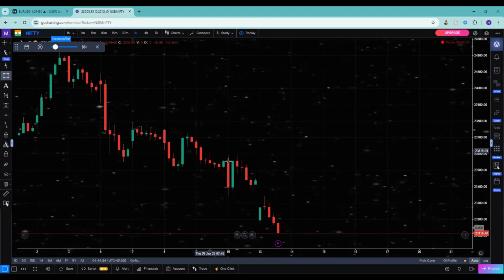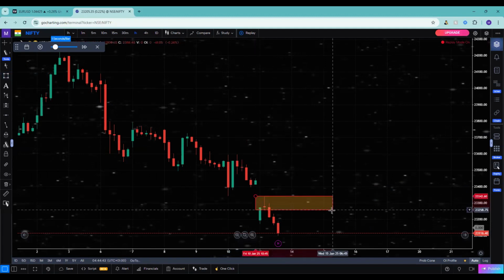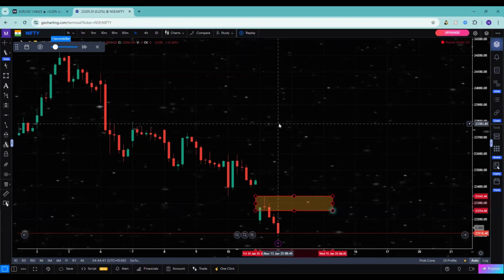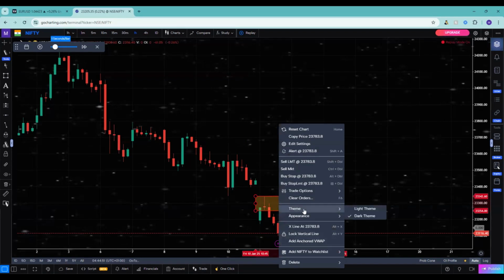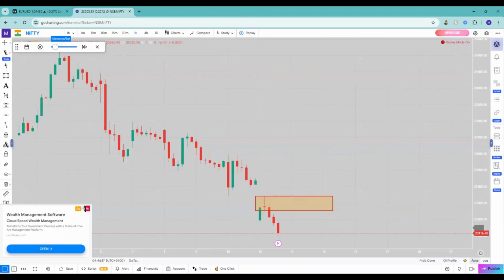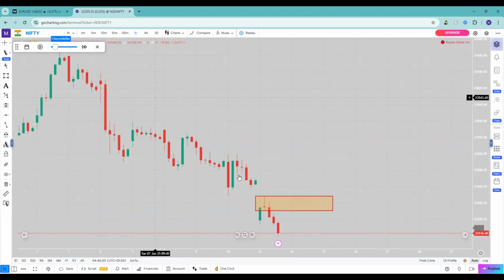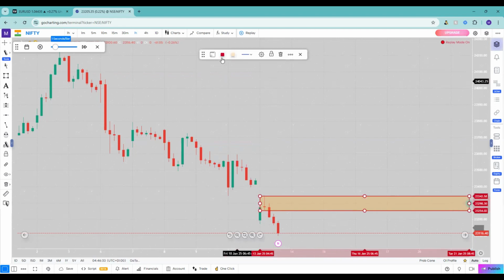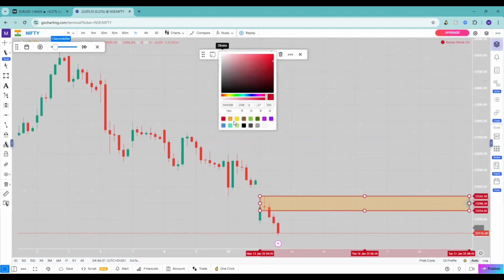So the last order block will be this one. Let's see, is this still not too dark? Change my theme. Okay, so this is a place we marked. This is the last up candle before the move to the downside on the hourly charts. So like I always do, let me change this. This is hourly. I'll change it to blue.